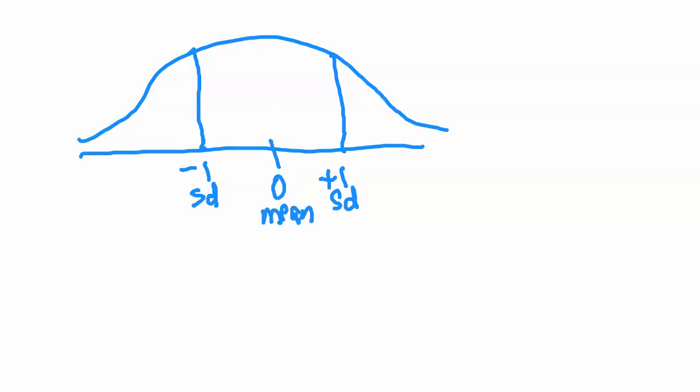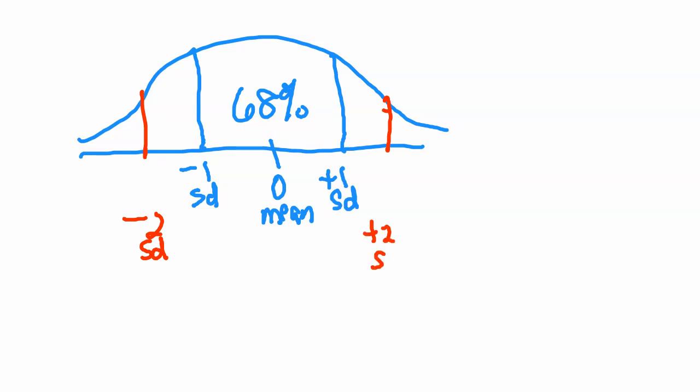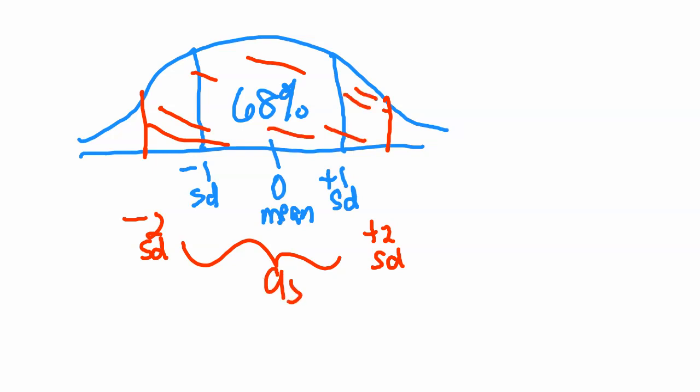Again, on a standard normal curve, 68% of the data was here. Then I'm going to change color. Then between -2 standard deviations and +2 standard deviations, all of this area, the red area, was 95% of the data approximately lie between -2 and +2.